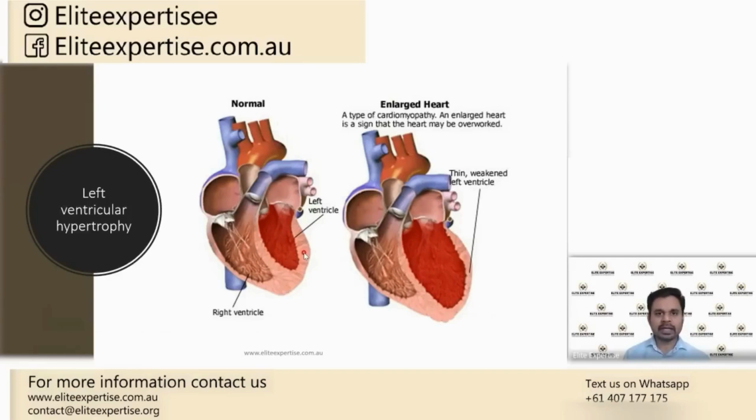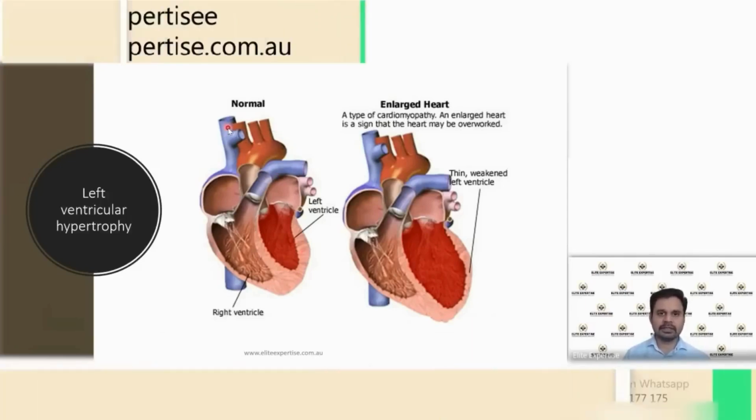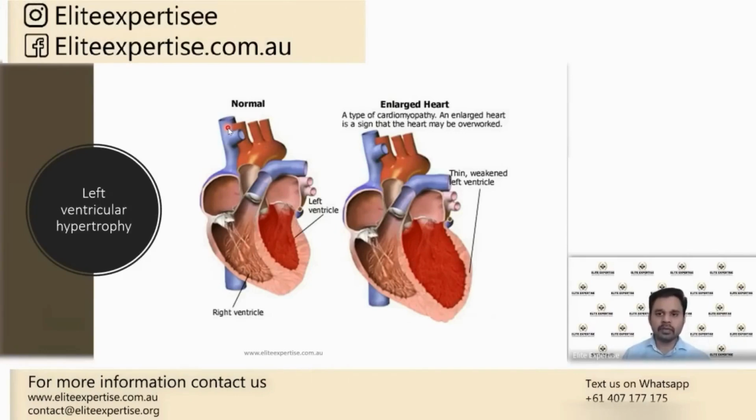During that stage, if the patient doesn't take ACE inhibitors regularly, then after a few months or after 1 year, his ejection fraction will further drop from 55 to 45 or 40%.